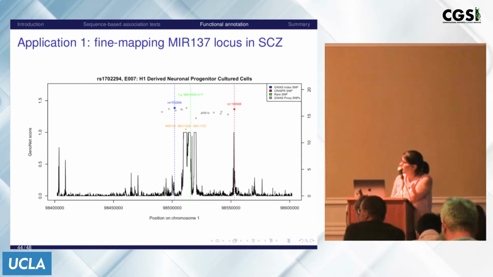So what you see is that where this red SNP is located, we also get a high functional score from GenoNet. We also get a high functional score in this region, and it turns out that this green variant is a known risk variant. It's a rare variant, but it's a risk variant for schizophrenia.